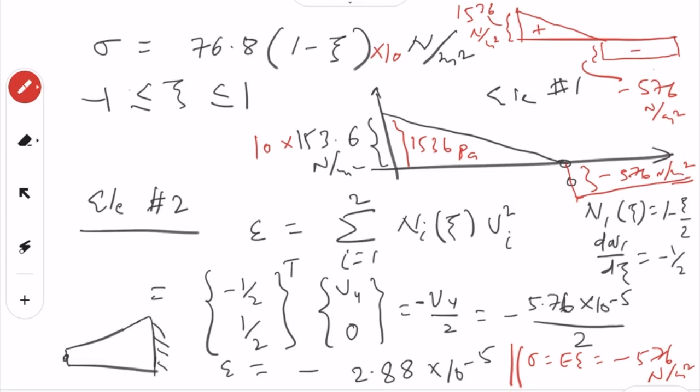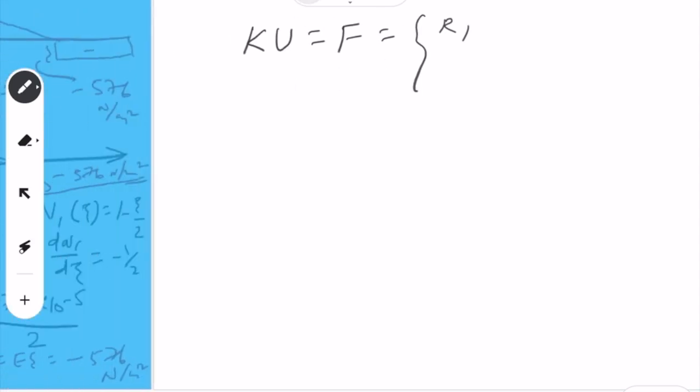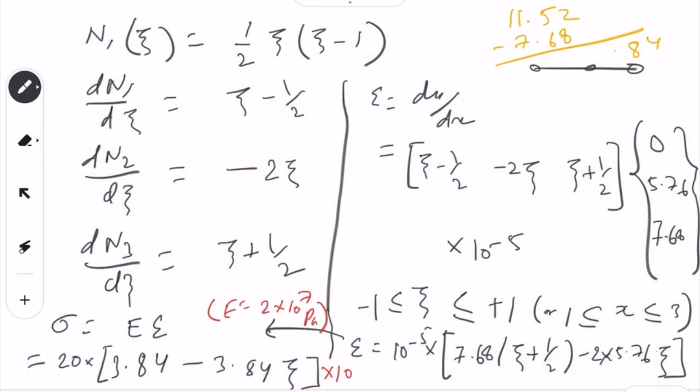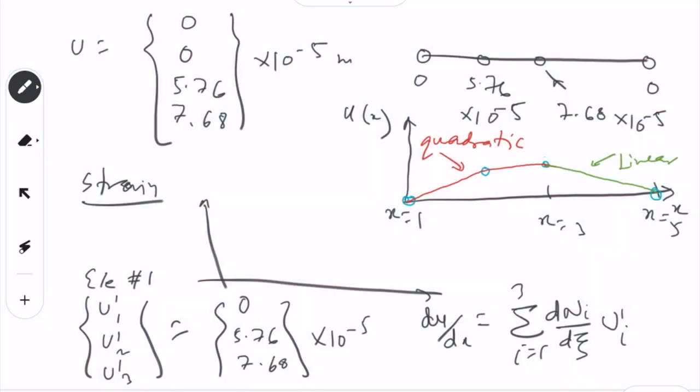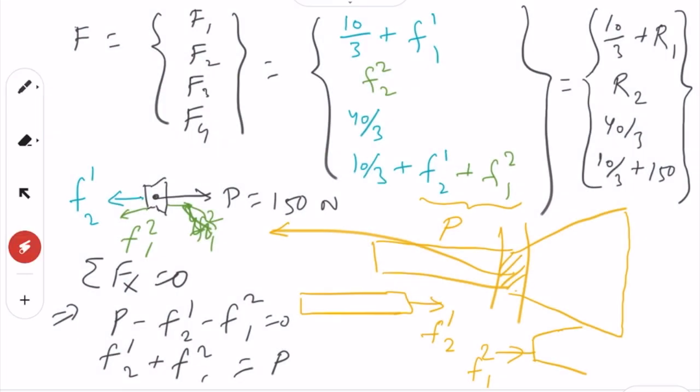So actually we have found out everything that is required in that question. Additionally, we can also find the value of the reaction forces, right? So we have K times U equal to F. Where F was R1 here, and then we had some value, so we can check that out. So here it is: R1 plus 10 over 3, then R2, and then this and this.